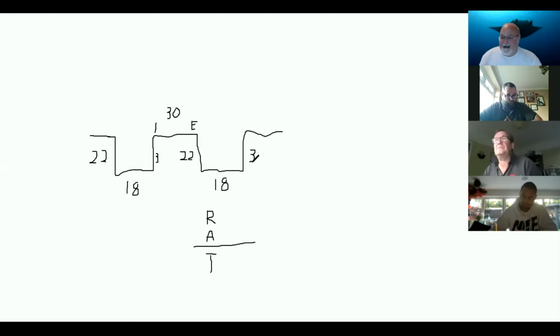All right. Our actual bottom time is 21 again. And our residual bottom time, 22 and an E, is what? 15. 15, yep.